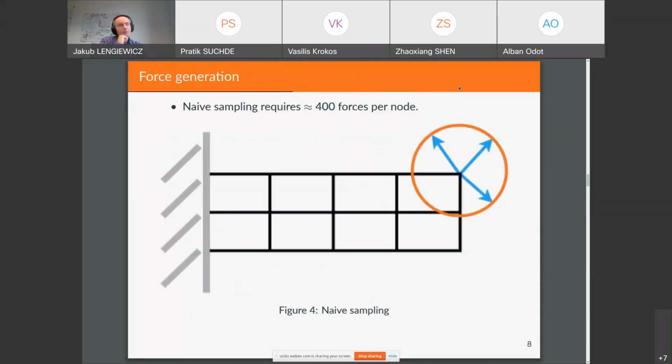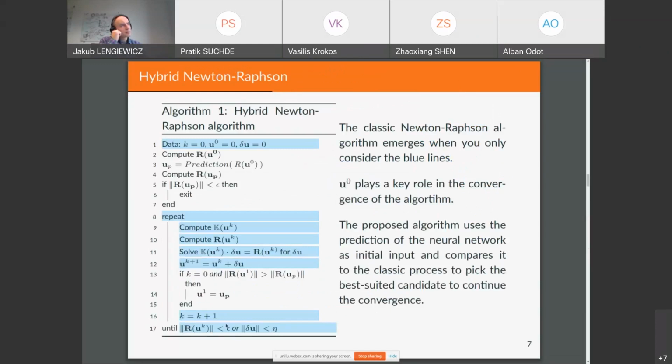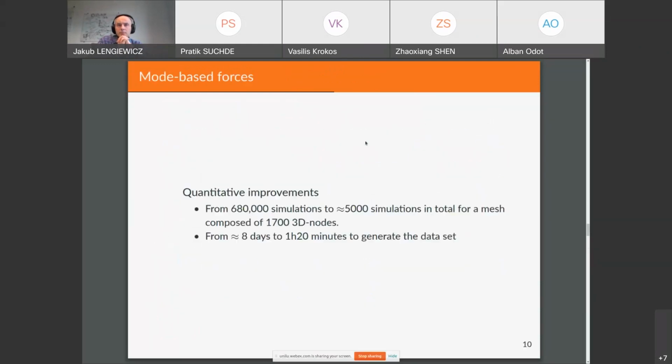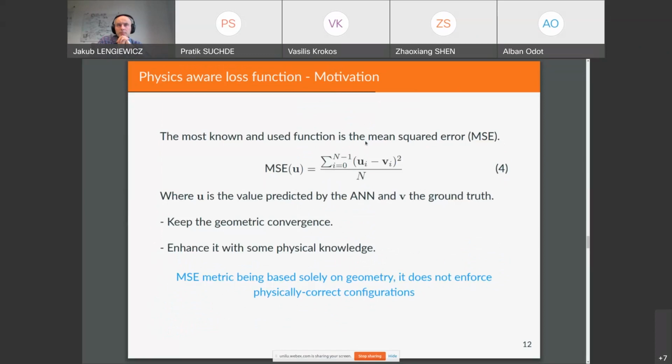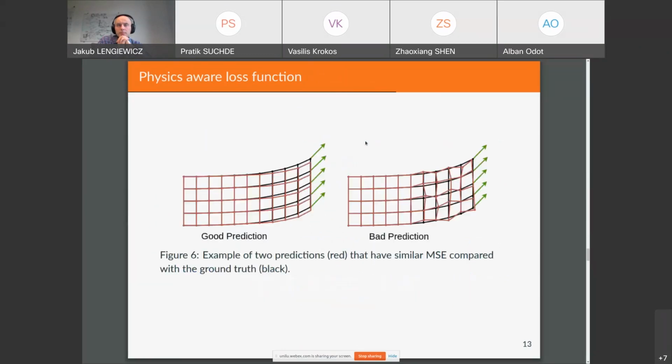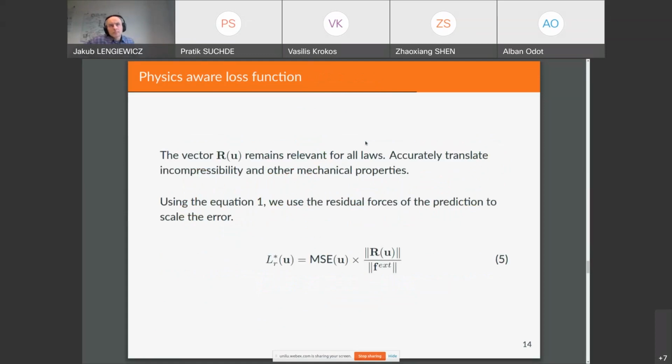As you can see, line 17 and also line 5. And we know that this criterion is very sensitive to the displacement that you give it. For two similar errors, you can have a scale of 1,000 between two similar MSE errors compared with the residual.